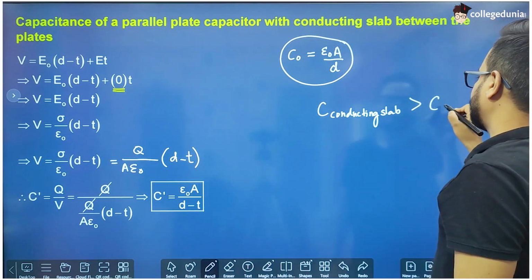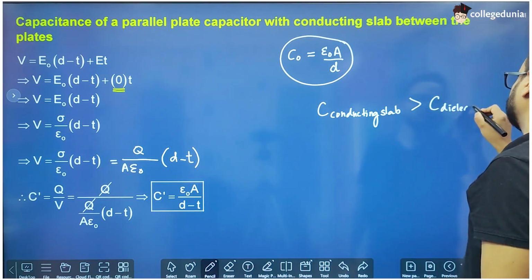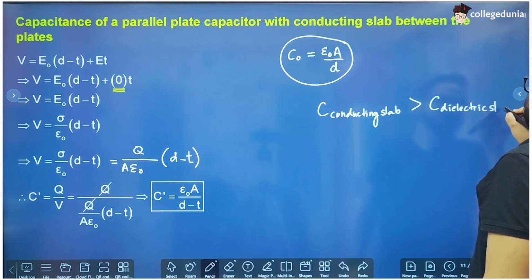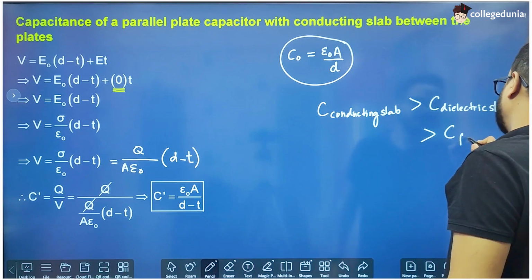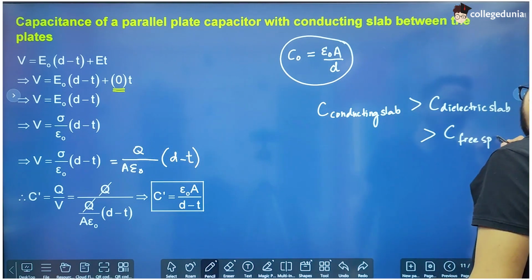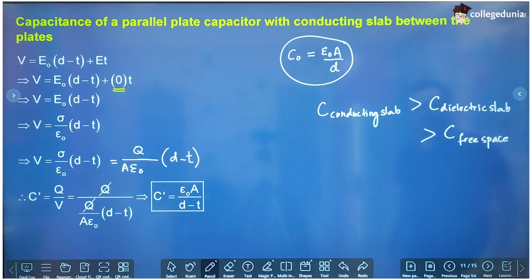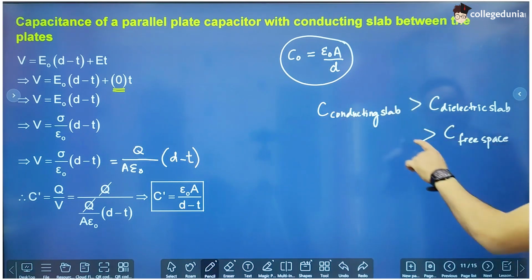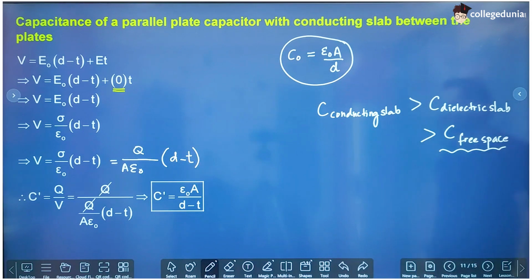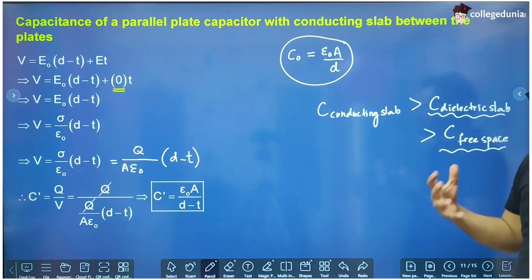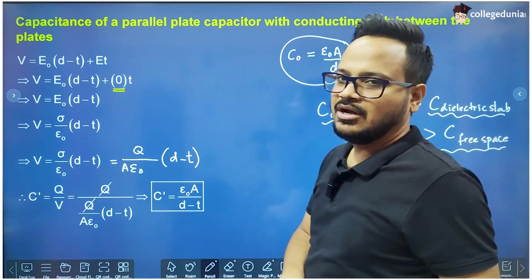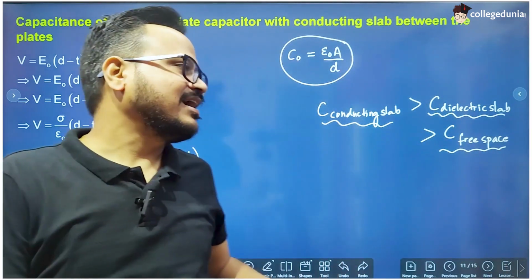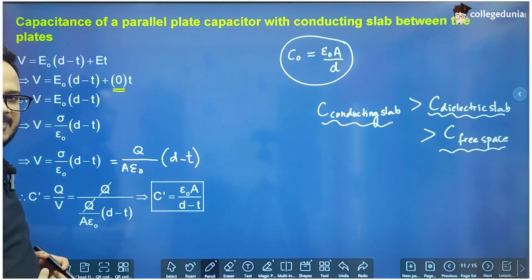Then dielectric slab, and then free space between the plates, that is air or vacuum. Otherwise the capacity of the capacitor is least when there is free space, that is air or vacuum between the plates. When the dielectric slab is inserted, the capacity slightly increases, but when the conducting slab of the same thickness is inserted between the plates of the capacitor, then capacity is much higher.